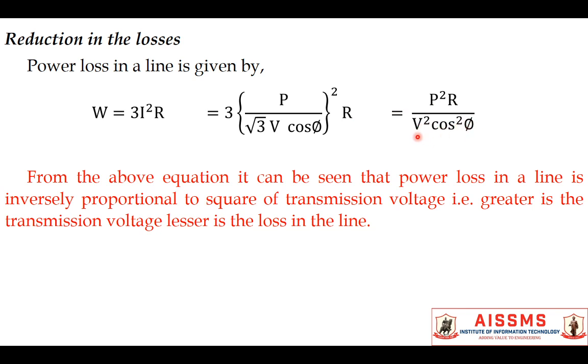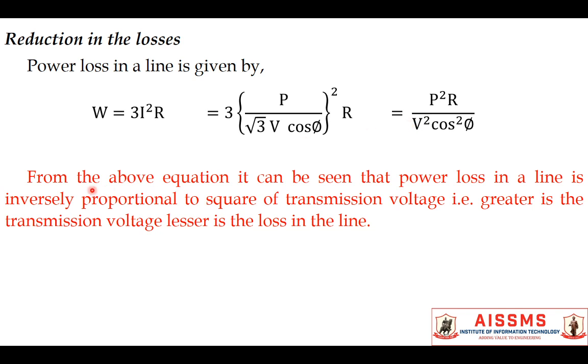Again, you see that V square comes in the denominator of the equation. P is the total power and W is the power loss. If I go on increasing the value of the voltage, then W will go on decreasing because it is inversely proportional to the square of the voltage.